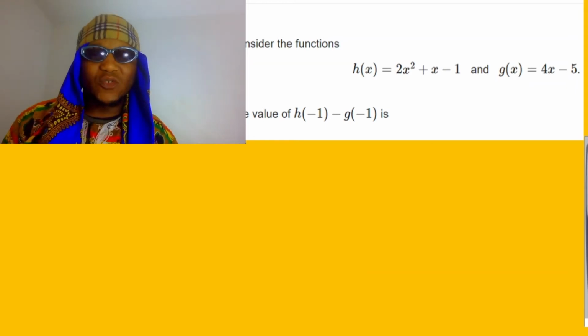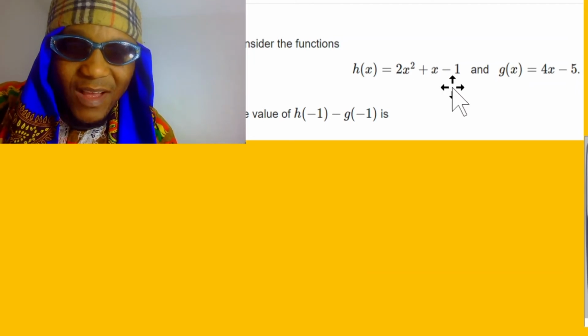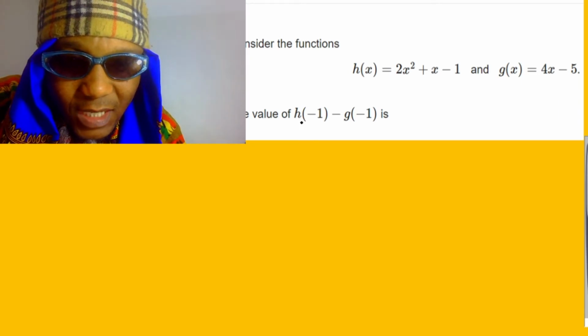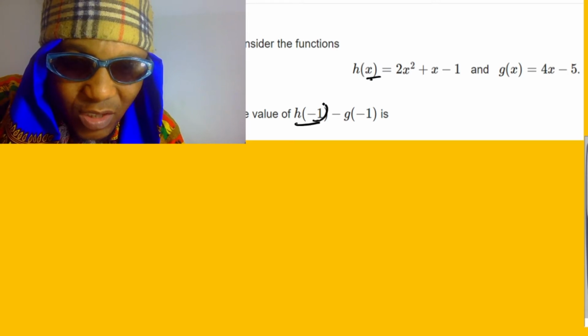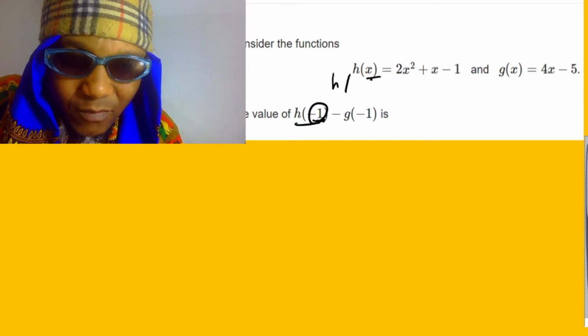Now let's go to the next question. Next question is very, very easy. Let's simplify this one. Look, H is H. In the position of X, I'm going to place -1. So this is going to become H of -1 equal to 2. Instead of X, I put -1 here.